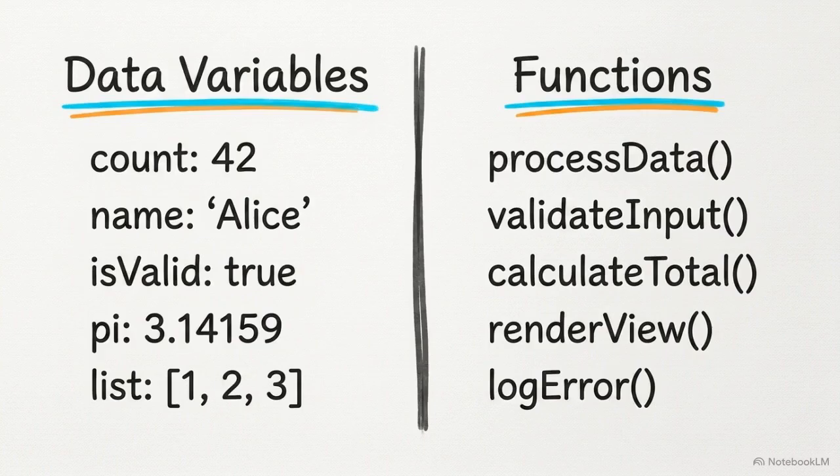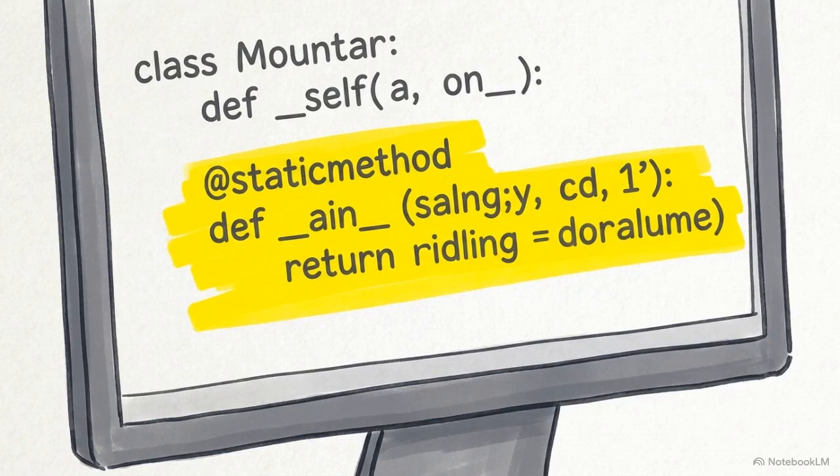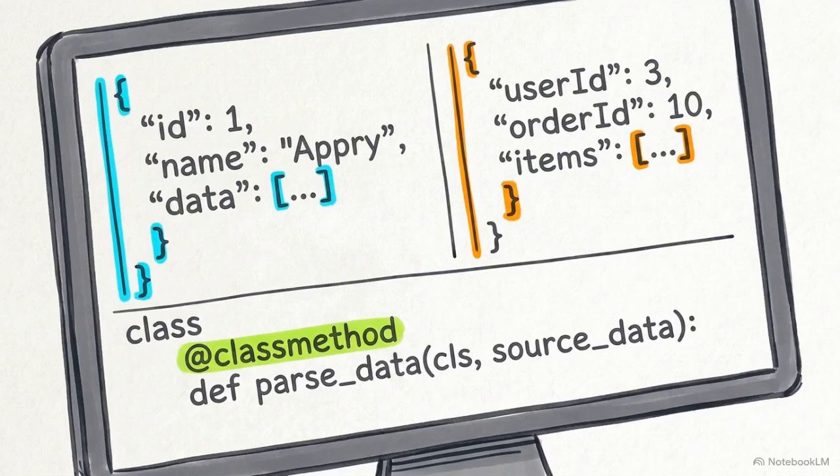Beyond data processing, Python's class architecture allows for a clean separation between an object's state and its executable logic. The staticmethod decorator lets you include utility functions within a class without requiring access to instance-specific data. Conversely, the classmethod decorator allows you to define alternative ways to instantiate a class, making your objects more adaptable to different data sources.